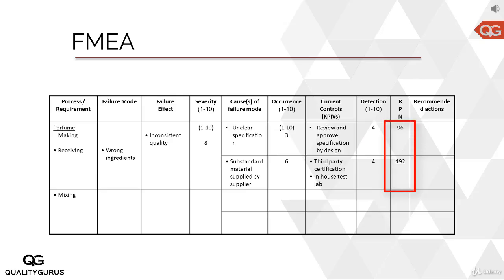And then what you do is you find out RPN value. RPN is risk priority number. Risk priority number will tell you which items you need to attend to first. So higher RPN, you give more attention to those particular areas. So here, how do you find RPN?